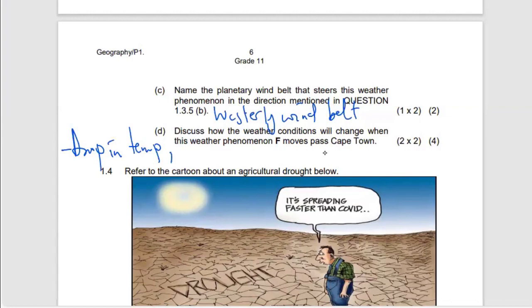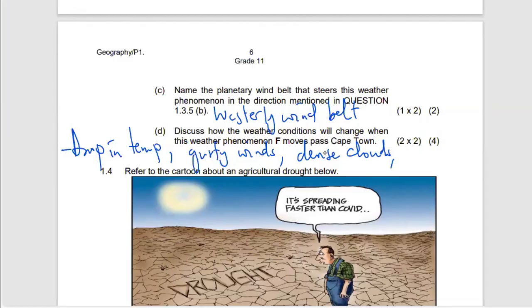And also we are going to have gust winds, strong winds associated with pressure gradient. Then you're also going to have a dense cloud cover because of excess condensation. The cloud cover is going to be dense. We have the formation of cumulonimbus clouds there.